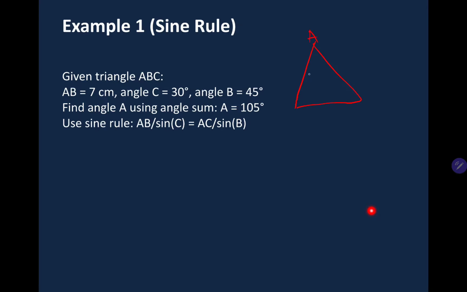we call this triangle ABC, and we're told that side AB is 7 centimeters. Angle C, this angle here, is 30 degrees.